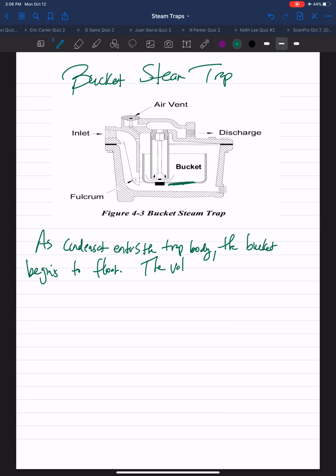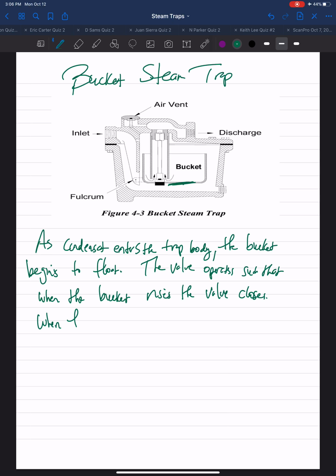The valve operates such that when the bucket rises, the valve closes. When the bucket sinks, the valve opens.